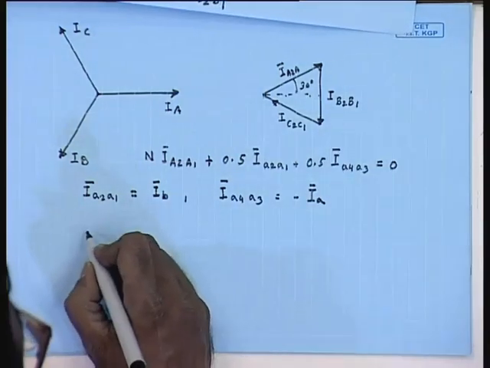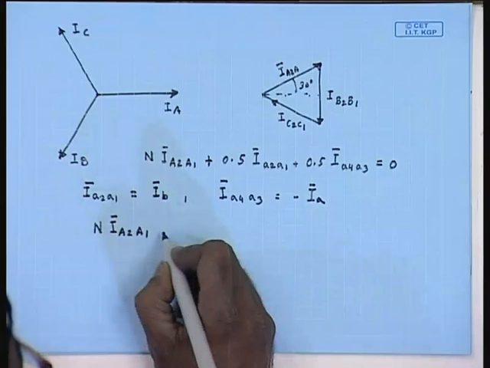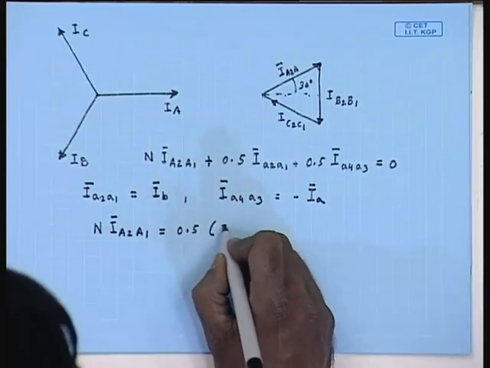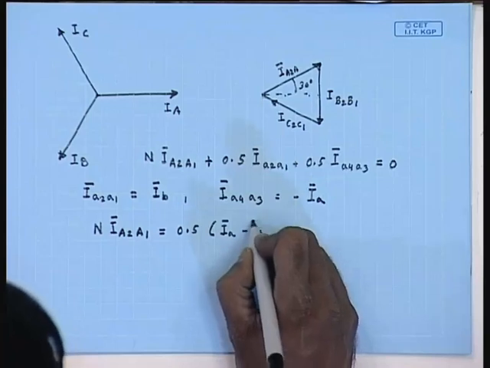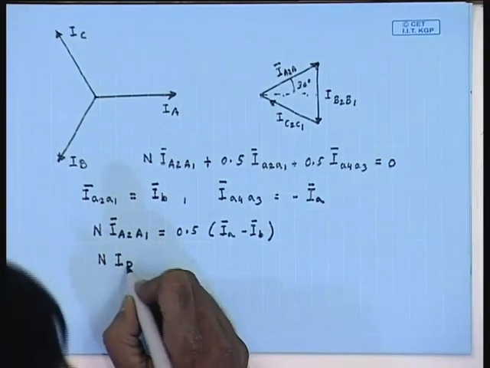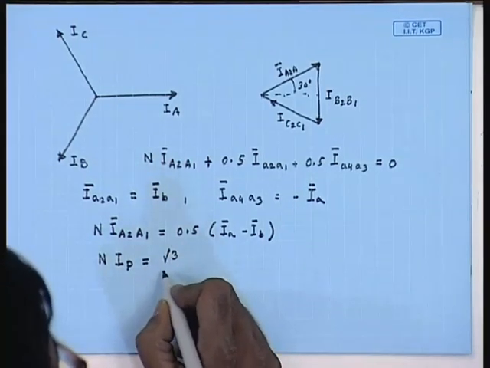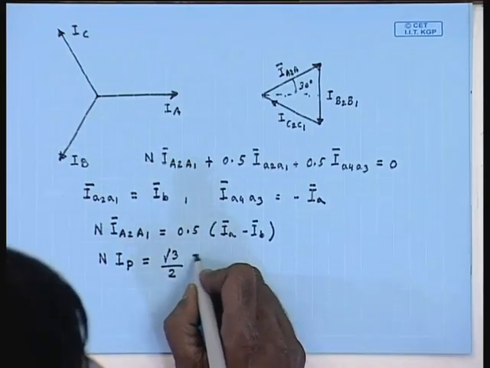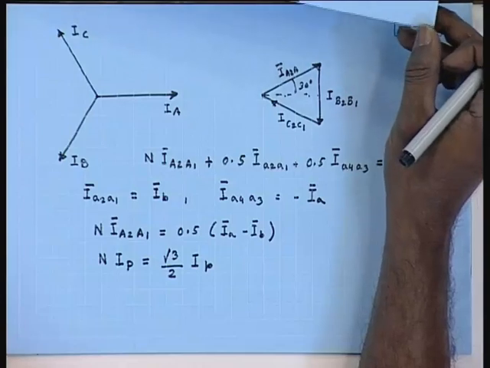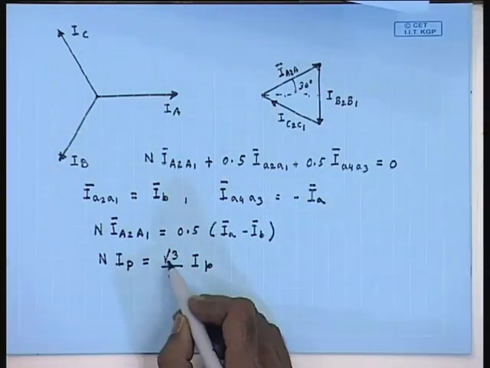So, we can write n times I_A2A1 equal to 0.5 times (I_A minus I_B), or n times I capital P equal to root 3 by 2 times I small p, because I_A and I_B are the phase currents of the low voltage side which are 120 degree apart. So, I_A minus I_B is root 3 times the phase current.